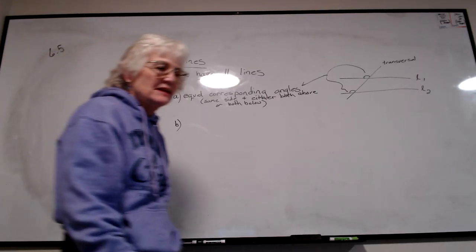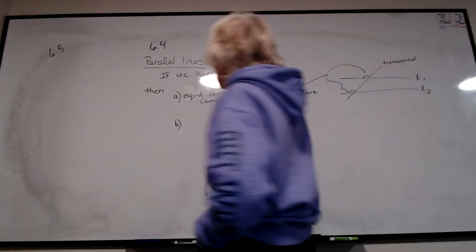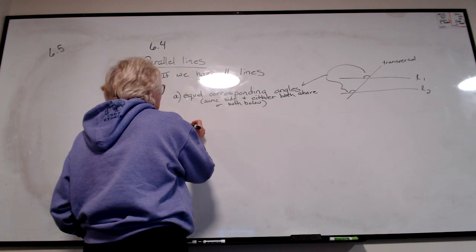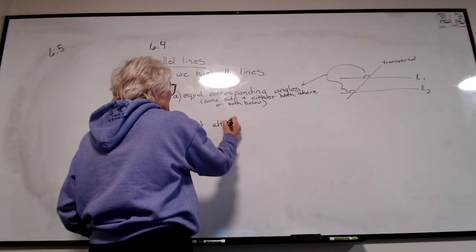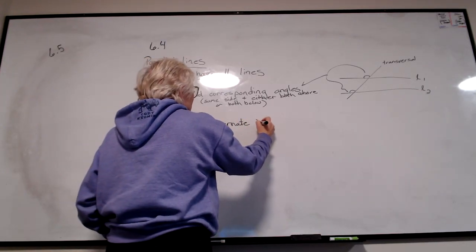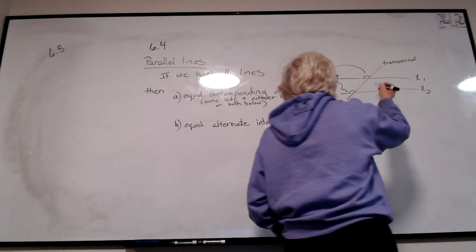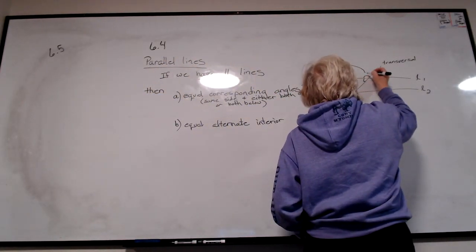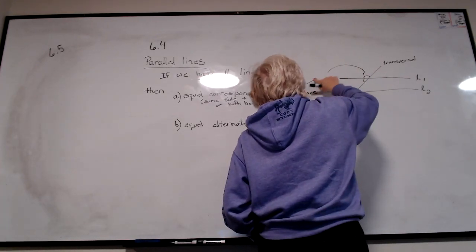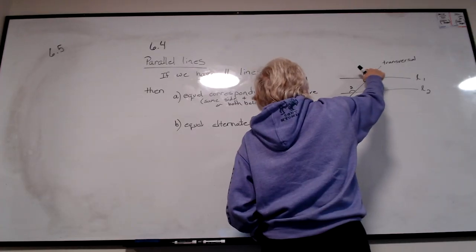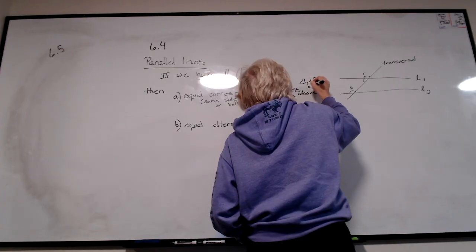Also, what we can say is if the lines are parallel, then we get equal alternate interior angles. Let's go with these two. This is 1 and 2. Angle 1, angle 2, example.